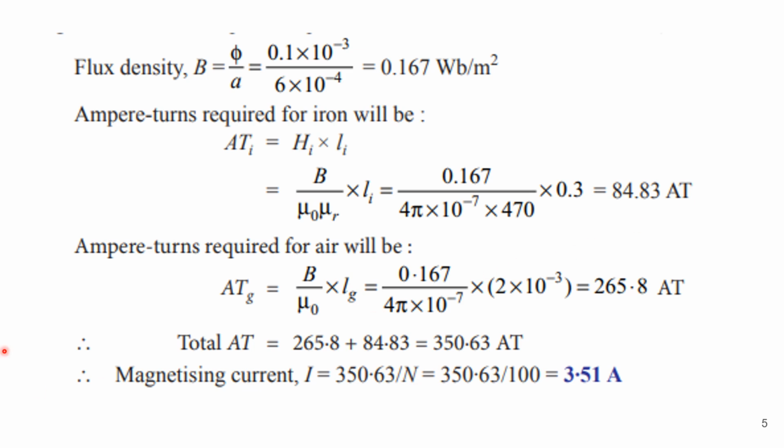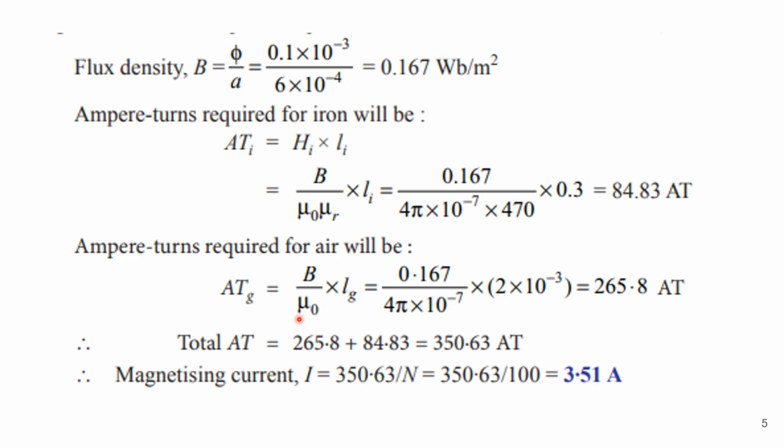Next we have to find the ampere turns required for the air gap. The formula is again H into L, that is B by mu naught mu r. Here mu r for the air gap is 1, so I have substituted only mu naught.